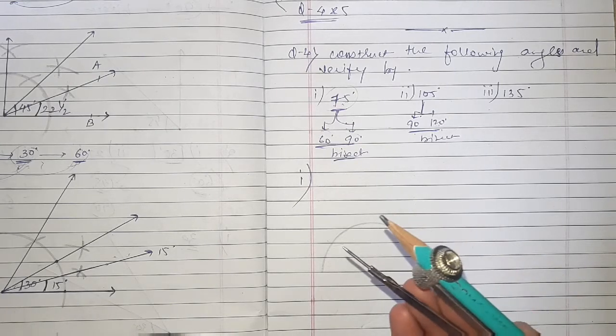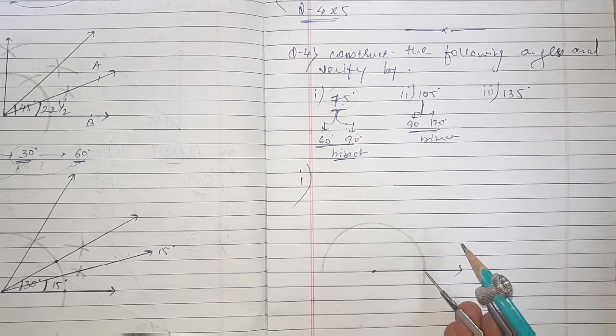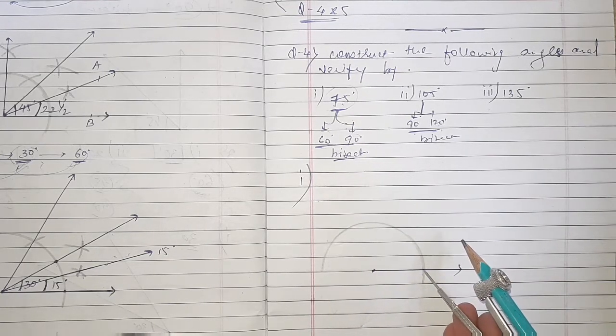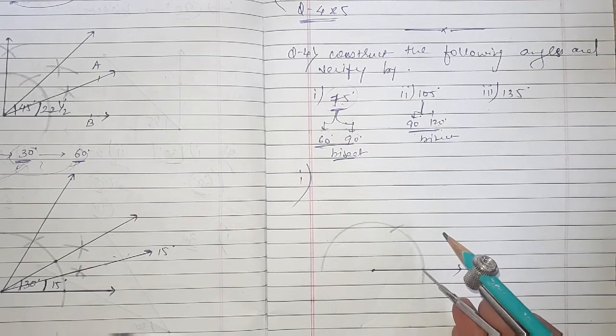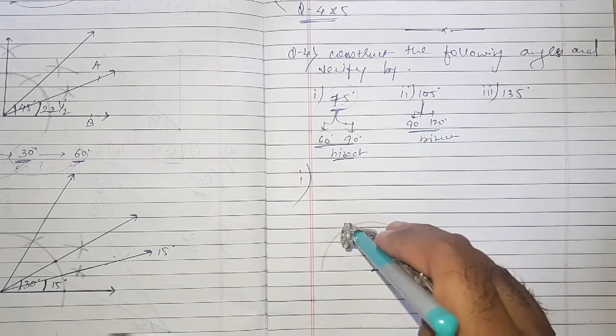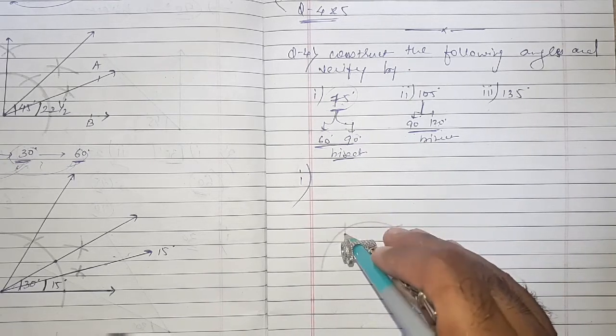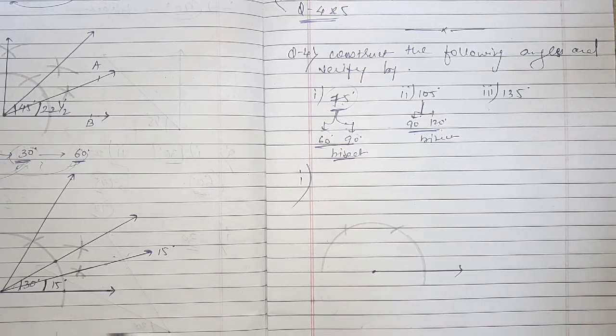Do not change the measurement from the rounder. Take the intersection point as a center and make an arc of the same measurement. So you get 60 degree. From the 60 degree make another arc, so you get 120 degree.